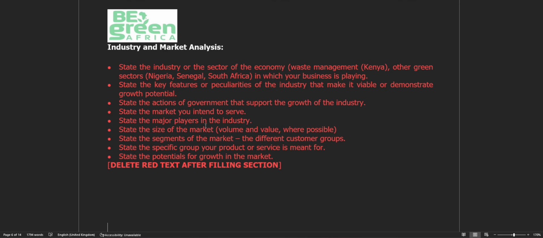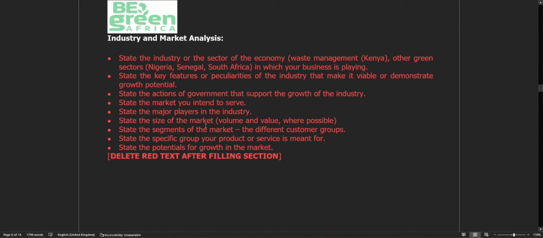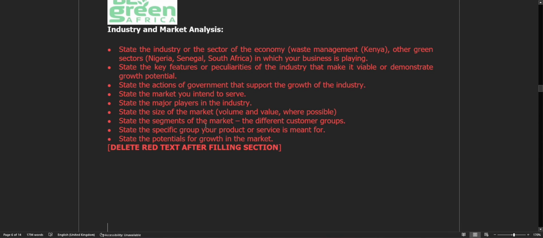The market you intend to serve, it is agricultural waste, market waste. Who are your target market? Who are the set of people you intend to serve? The major players in the industry are your competitors, who is actually serving the same market. Your market size should be measured in volume and value.